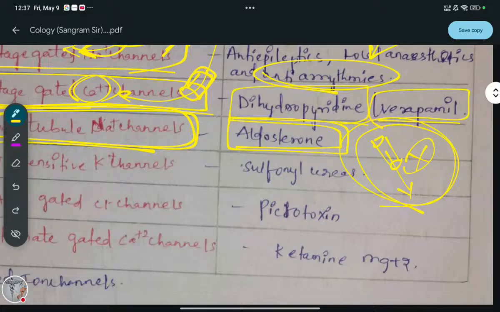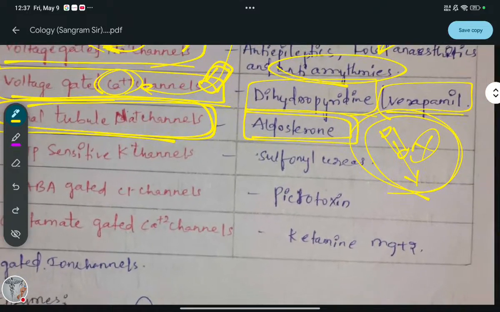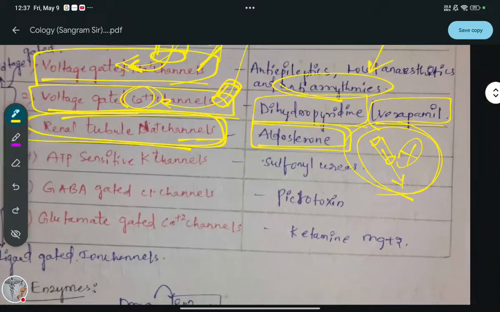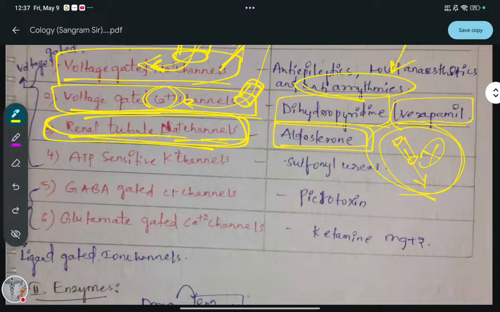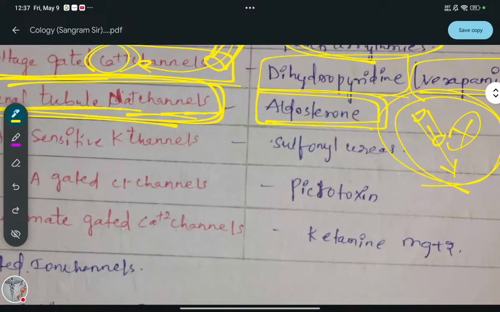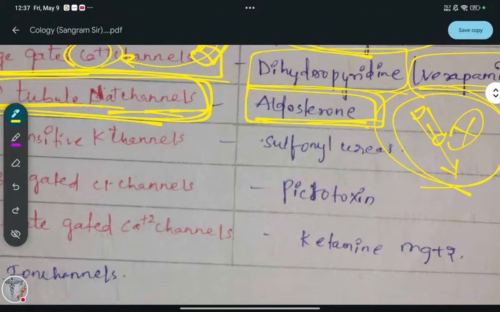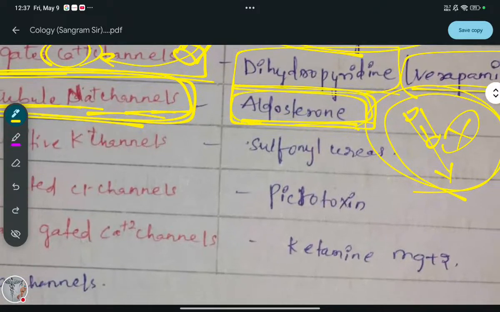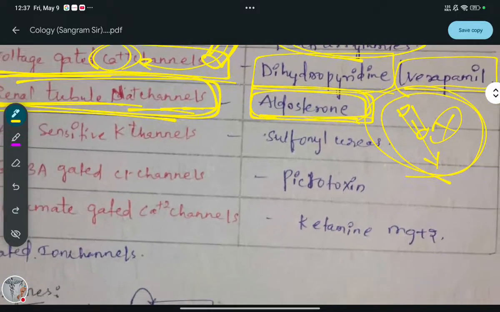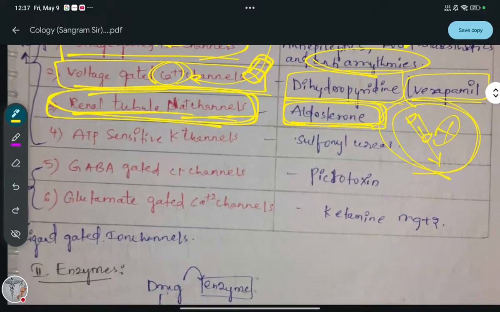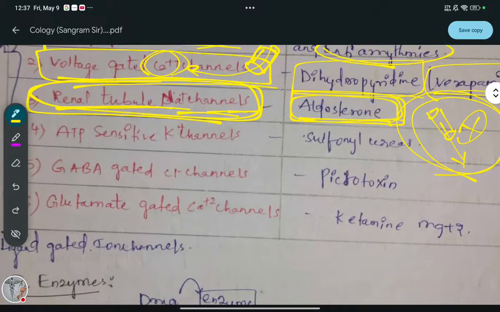Ultimately it will lead to less loss of potassium ions. The block of the renal tubule sodium channel can be done by aldosterone. That's why in the case of a hypokalemic patient, an aldosterone agonist is also given.